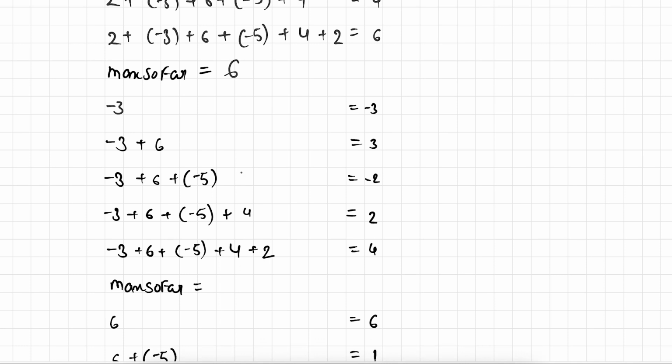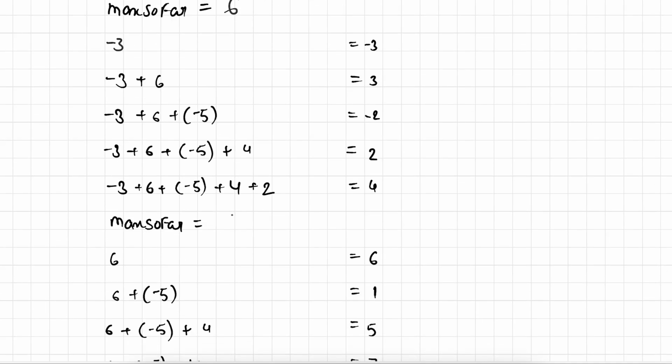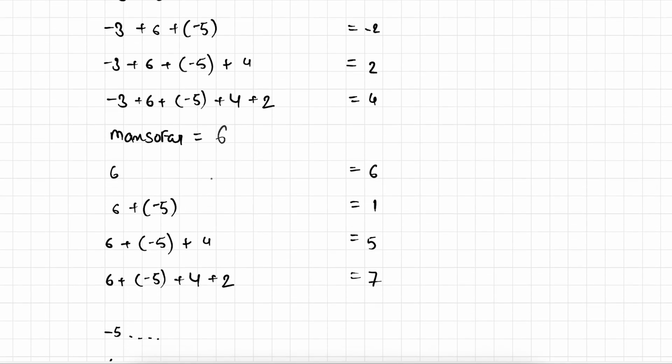Now let's move on to the next element, that is -3. We consider all the subarrays beginning with -3, and we get -3, then 3, then -2, then 2 and then 4. You can see that none of these sums is greater than maximum so far, so we keep it as it is. Now consider the next element, 6, and find all the subarrays beginning with 6.